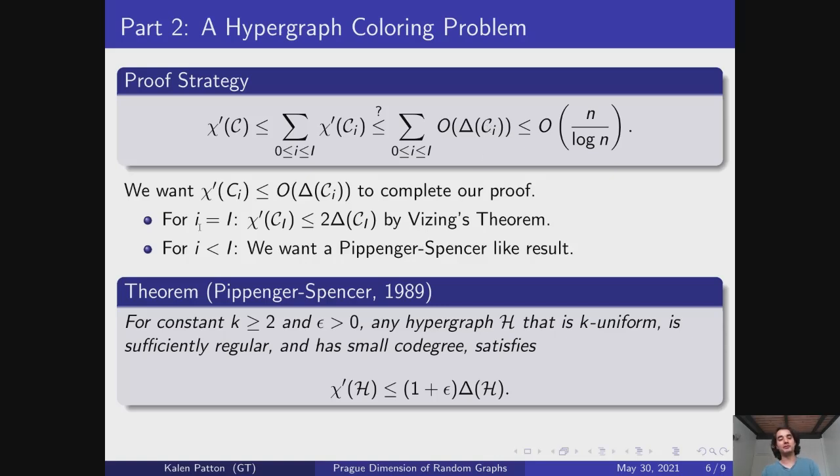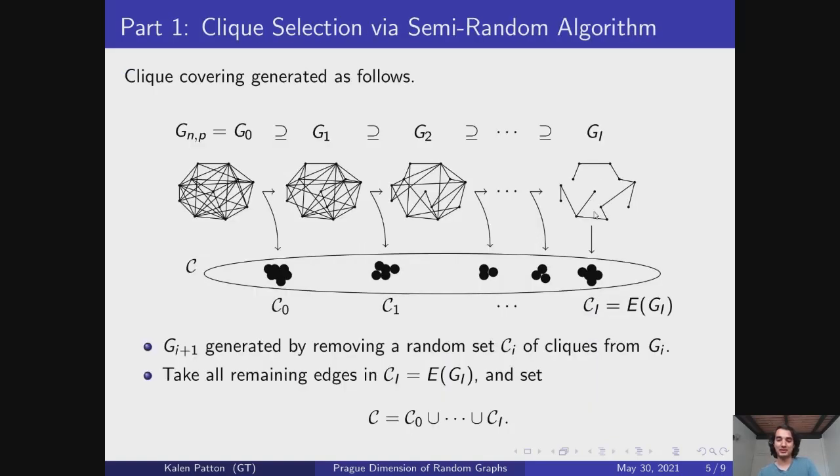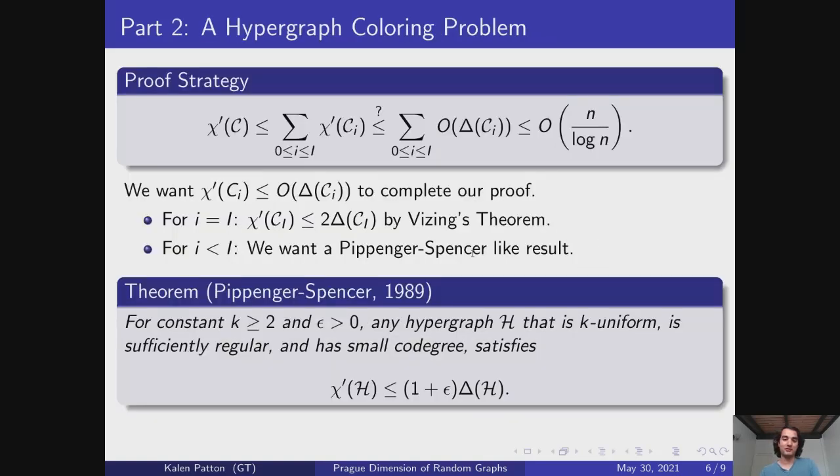So in particular, if we first look at the case when i equals I, the last step of our algorithm, we can simply get the result we want by applying Vizing's theorem. This is because, in the last step of the algorithm, all of the cliques that we add are simply cliques of size 2, so they're essentially just edges. And therefore, the hypergraph that consists of these cliques is simply a usual graph, and therefore Vizing's theorem can apply.